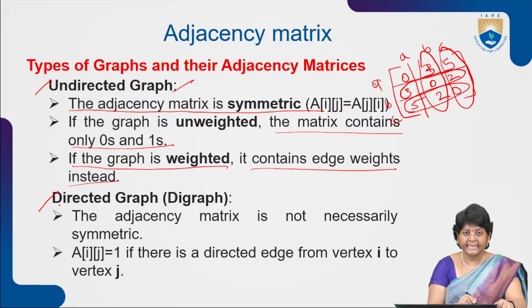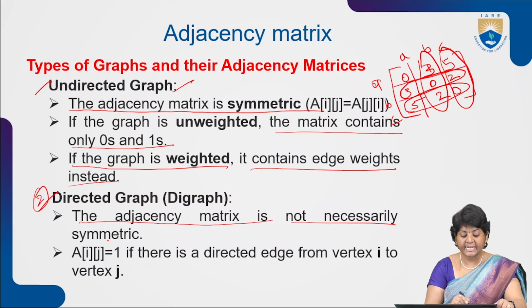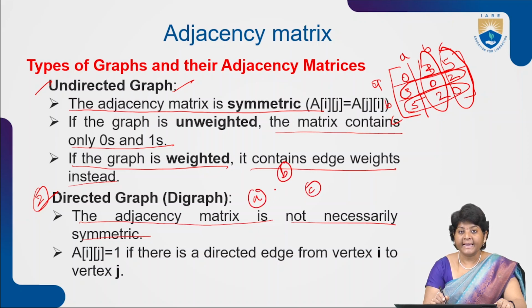Now, the second one, directed graph. The adjacency matrix is not necessarily symmetric. That means, since we will have directions, consider an example with the same A, B, C. Now we are considering the directed graph, that is A to B. The direction we will represent with arcs.